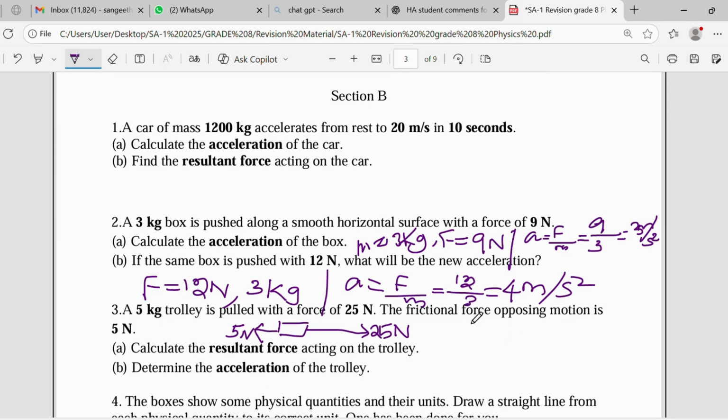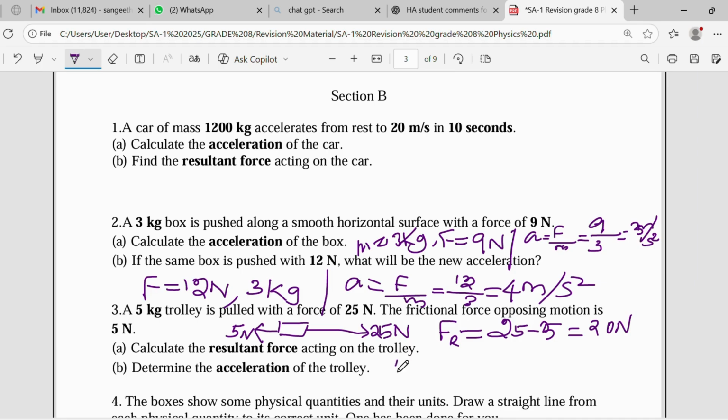So how will we find out the resultant force? F resultant, R means resultant, F resultant equal to 25 minus 5. So the resultant force here you will get is 20 Newton. Now, what else do we need to find out in the B part? We need to find out the acceleration, right?